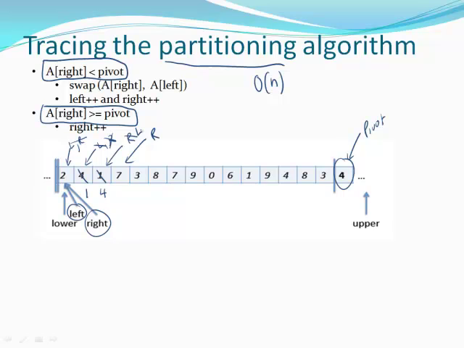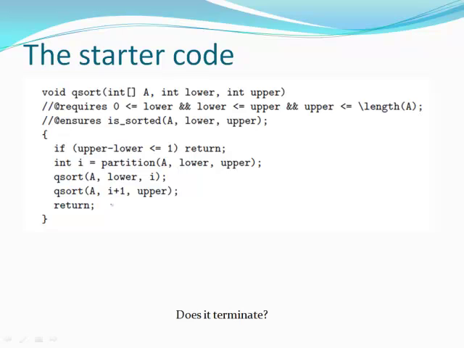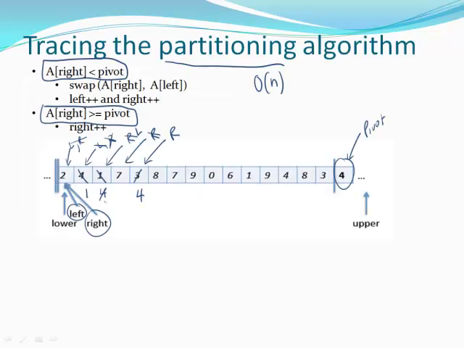Right pointer is greater than or equal to the pivot, so the right pointer can move to the next element. Now the right pointer is less than the pivot, so at this point we should do a left and right swap. In this case the 4 will come here and the 3 will go there, and then we will increment the left pointer, and then we will increment the right pointer.